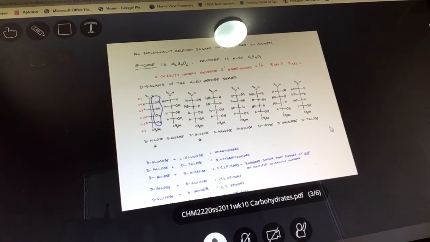Now there's a special case of diastereoisomers: if only one of the chirality centers is different, then that diastereoisomer becomes something called an epimer. And we can see that altrose, second on the list, and allose, first on the list, differ only at carbon number 2.